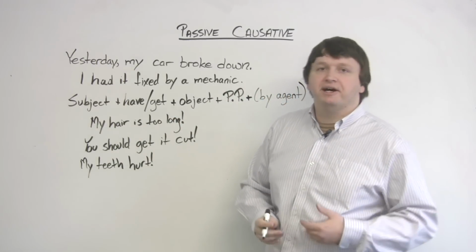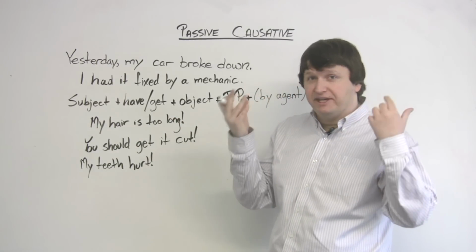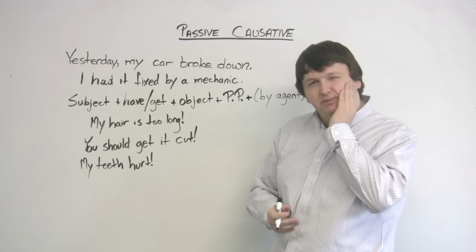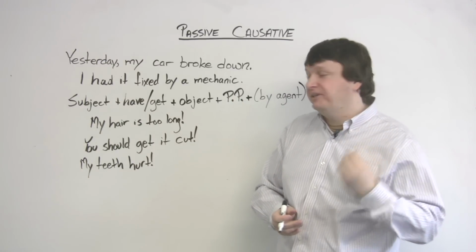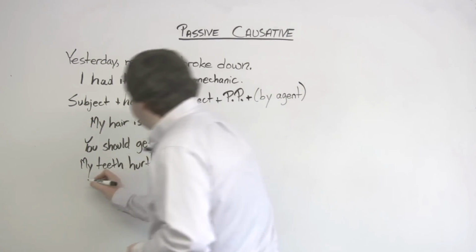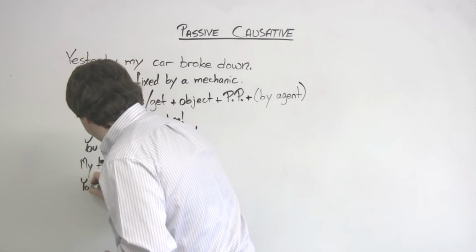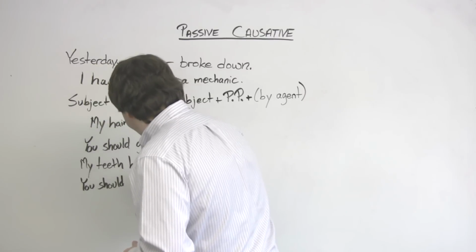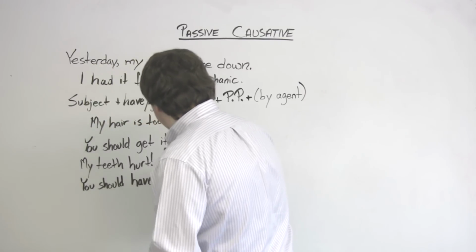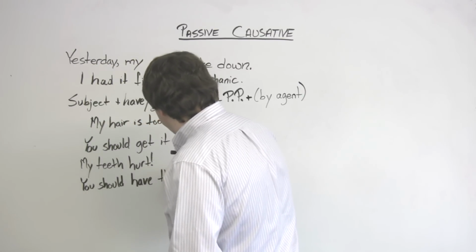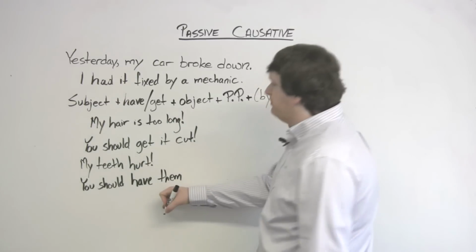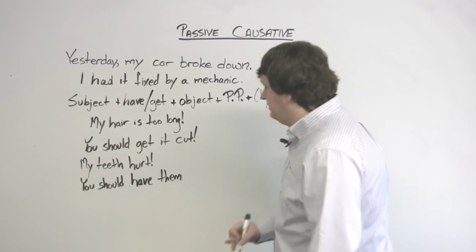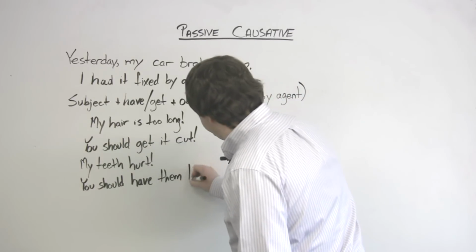So maybe you need your wisdom teeth to be taken out, or you're experiencing some severe pain, you have a cavity. So you can tell me to get my teeth or have my teeth. You should have them, again, them plural because of teeth. You should have them, let's say, looked at.